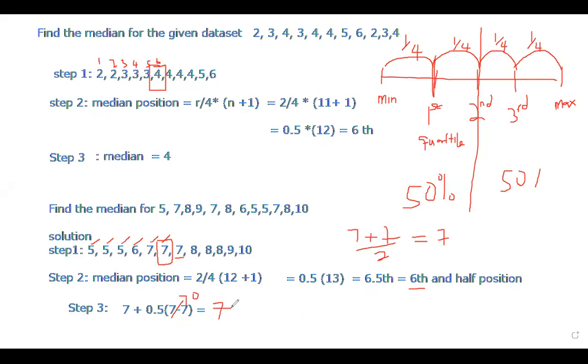But when it comes to the median, you can just add the two numbers and divide by 2. The general approach for any quartile is to use this formula. Now we've gone through 2 examples.